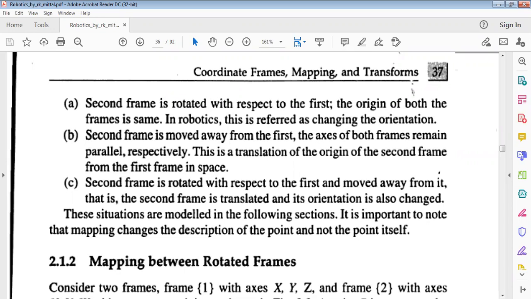Today in this class, I will discuss this third possibility. Last class, I discussed two possibilities, rotation and translation, mapping between the two frames.